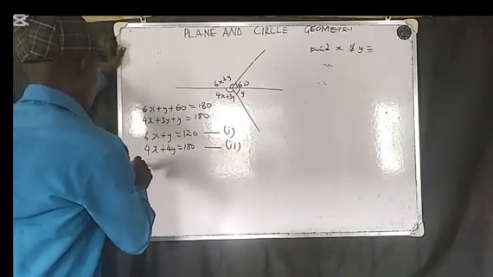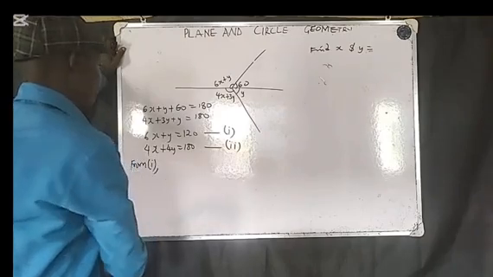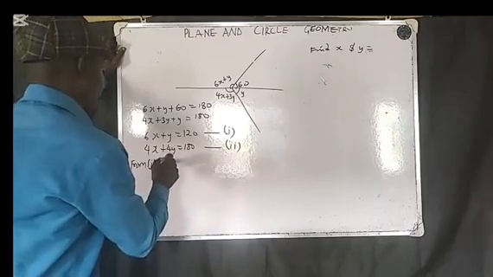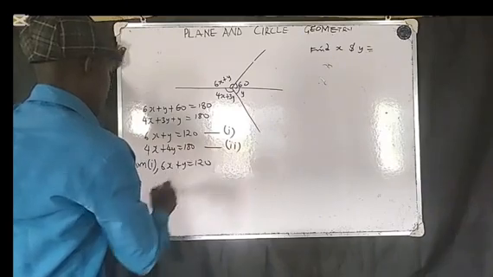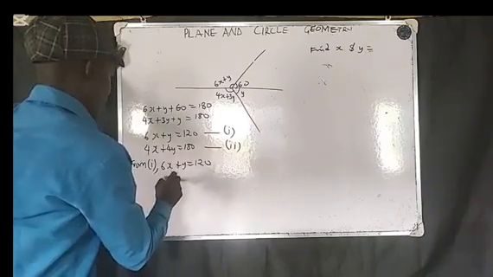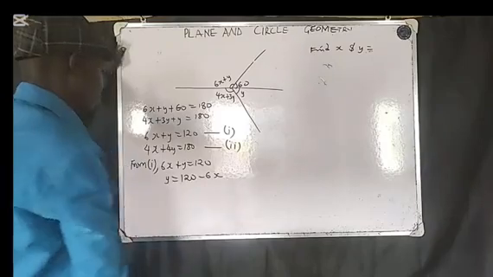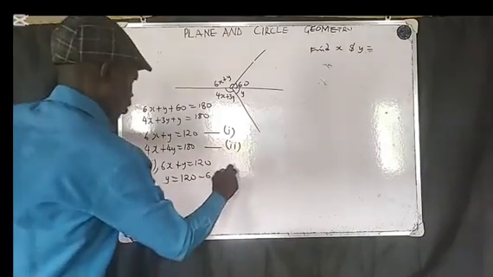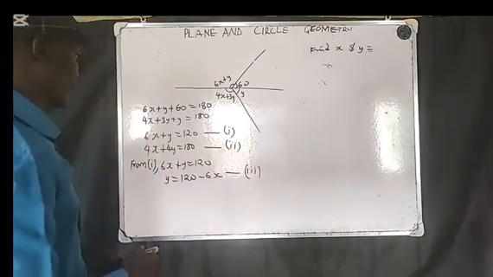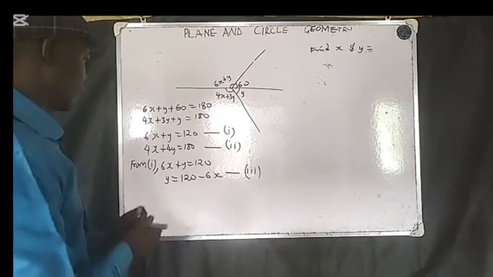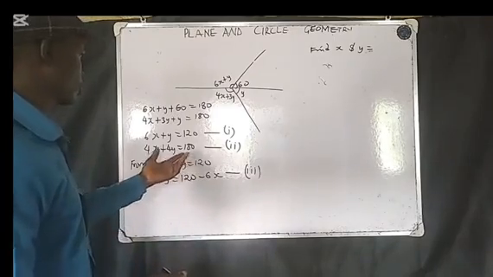So from equation 1, we want to make y the subject, and 1 is 6x plus y equals 120. Making y the subject now, we're going to have y equals 120 minus 6x. That is equation 3. So we have used 1 to make 3. Let's substitute y equals this into equation 2.